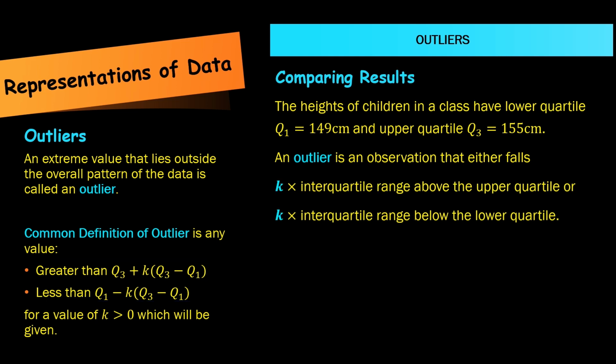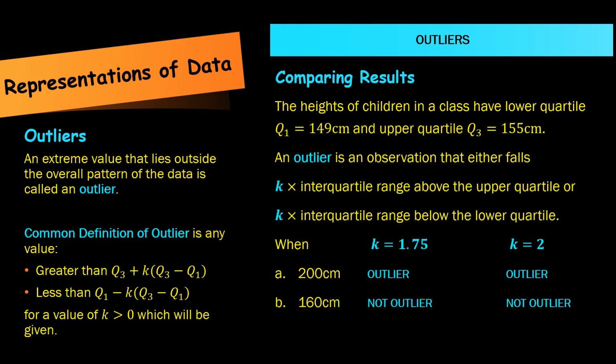Let's now compare our results. Has anything changed by changing the value of k? When k is equal to 1.75, 200 centimeters is an outlier, and when k is equal to 2, 200 centimeters is still an outlier. 160 centimeters is not an outlier in both these cases.